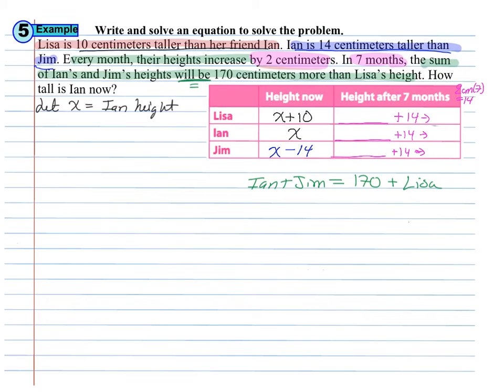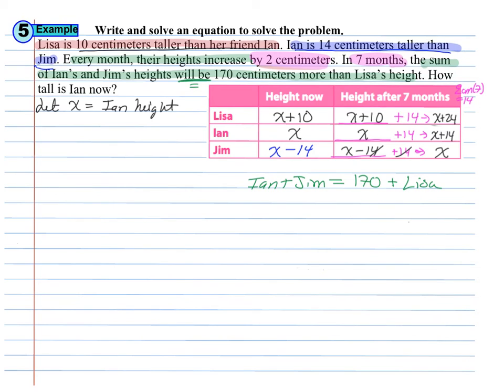Now we're going to figure out this part. We're going to add the 10, and that means my new equation for Lisa is going to be x plus 10. When I add x there, Ian is going to be x. And when I have x minus 14, these will go away, and now Jim becomes just x. These are the things that I'm going to substitute into this equation because this is for after 7 months.